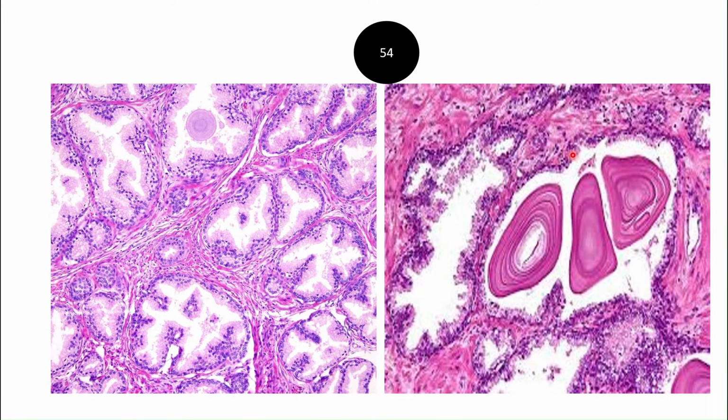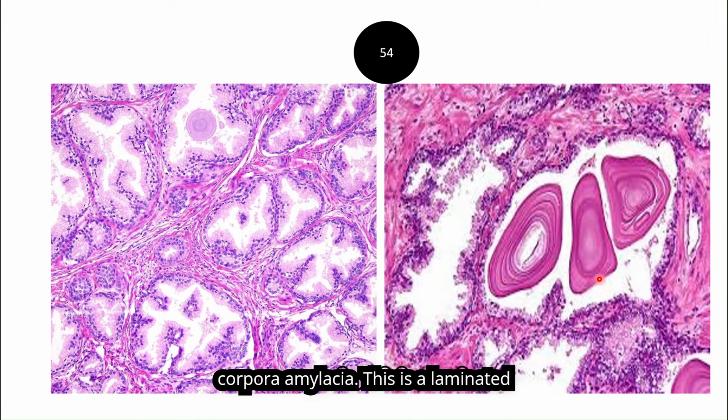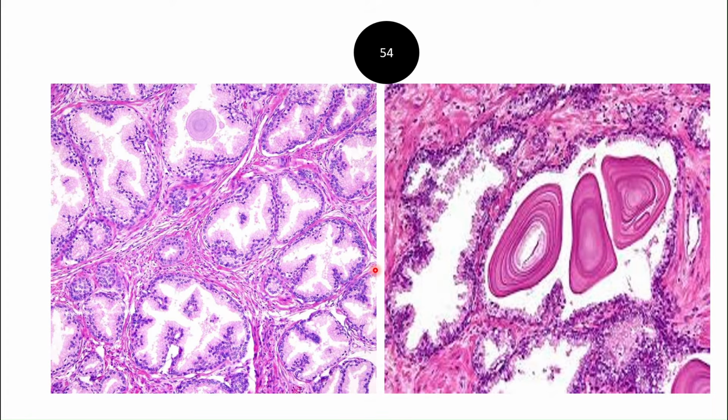Some of the glands show presence of corpora amylacea. This is a laminated material which is corpora amylacea. So this is a slide of benign prostatic hyperplasia.